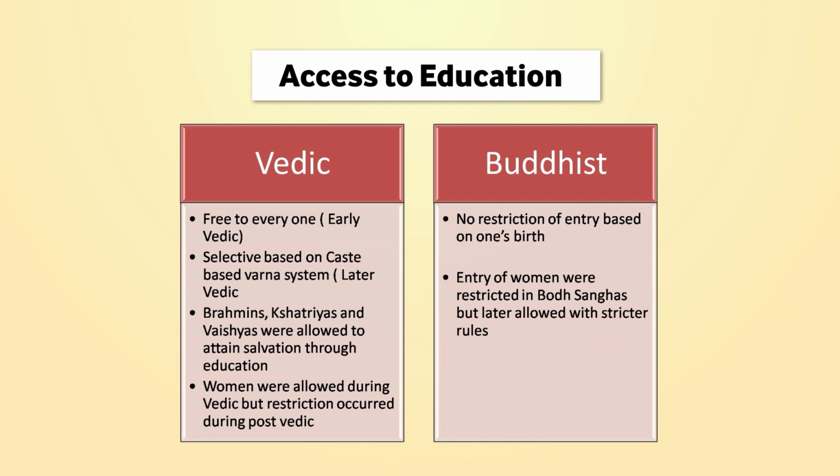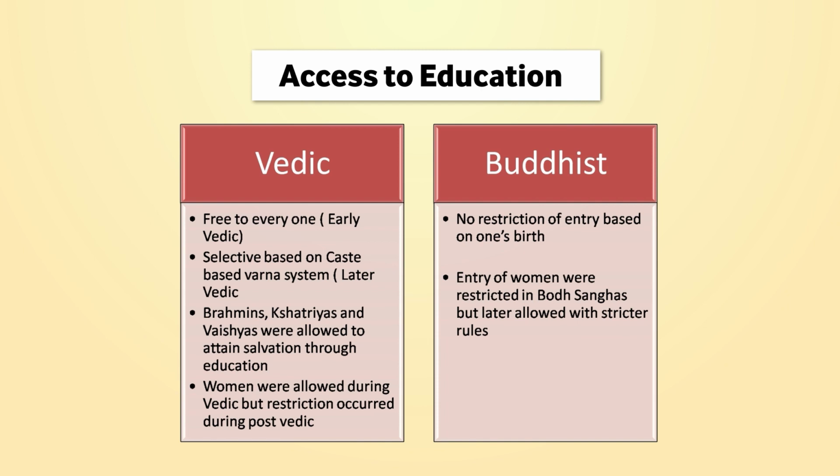During the early Vedic system, everyone is free to get education. But in the later Vedic system, because of a strong social stratification in the society based on the caste or varna system, the restriction came and only Brahmins, Kshatriyas and Vaishyas were allowed to get the education, where Shudras were not provided scope for getting educated.